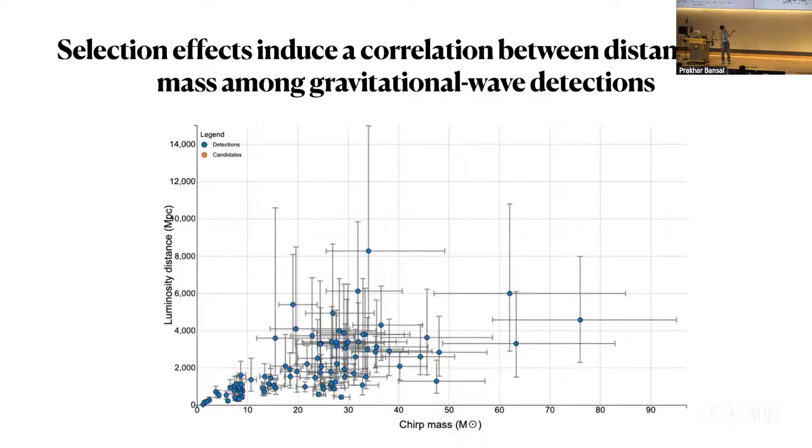That's why, when you look at the furthest away gravitational wave events that we've detected, they necessarily have to have this higher mass. So selection effects induce this correlation, even if there's no correlation in the underlying astrophysical distribution.